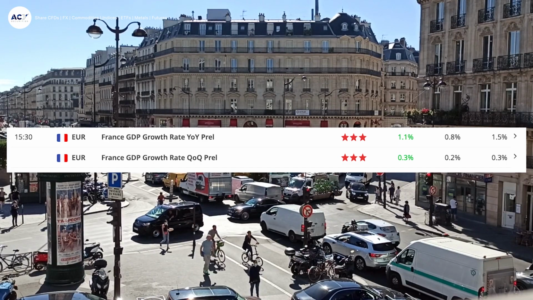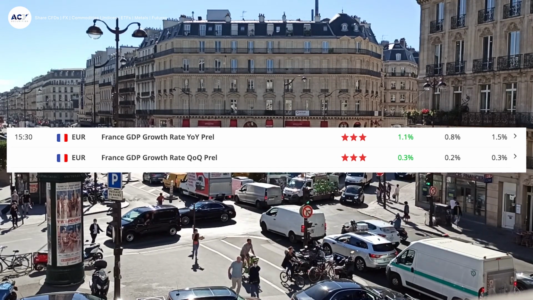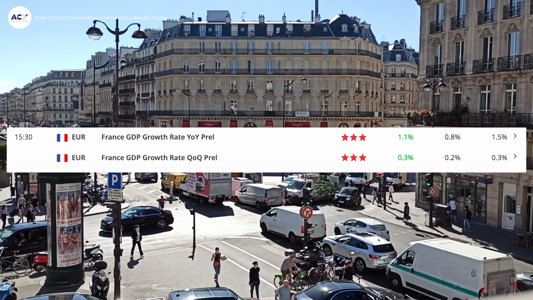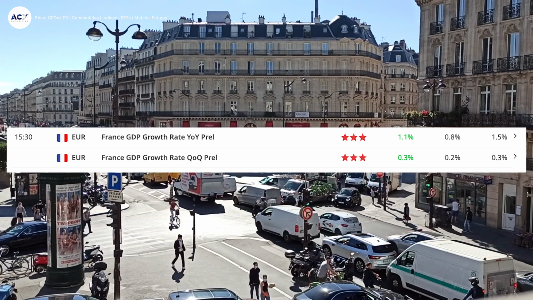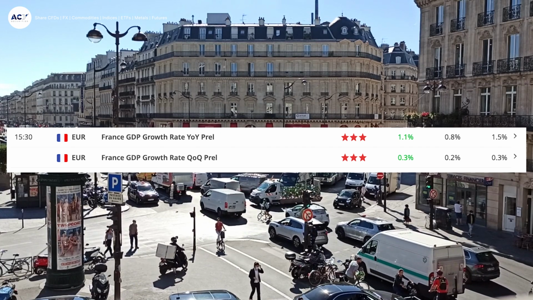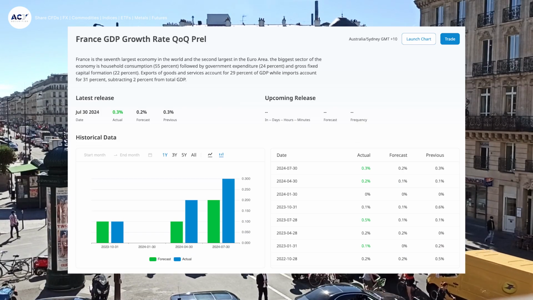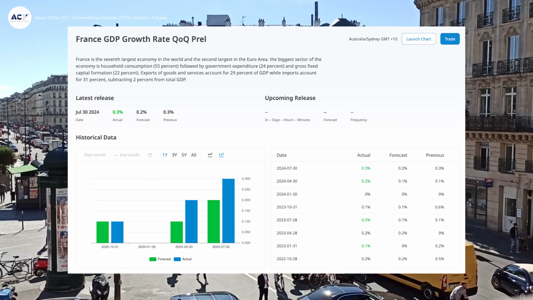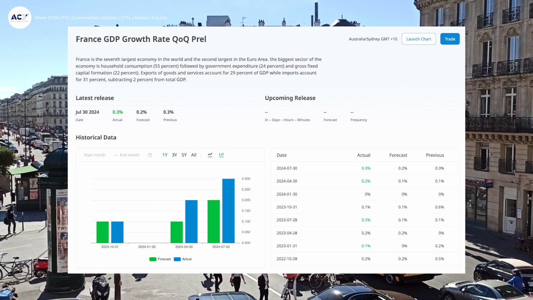Yesterday I was expecting it to be neutral, but I'm looking at the data that came in from France GDP quarter over quarter and year over year. We didn't have a consensus, but the previous year over year and quarter two were revised up, the quarter over quarter two was revised up as well, and the actual for the quarter over quarter two came in 0.1 higher than expected.